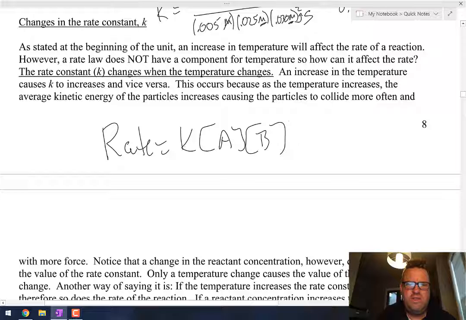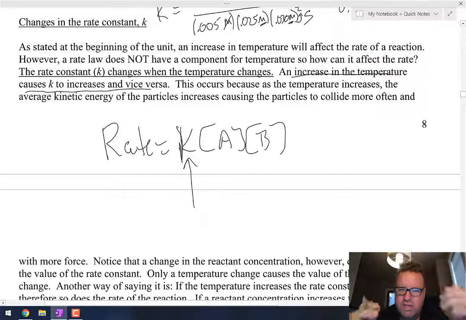Where's temperature in there? There is no temperature in there. So how can temperature affect the rate? Because the rate constant changes with temperature. An increase in the temperature causes the rate constant to increase and vice versa. Temperature goes down, the rate constant goes down.